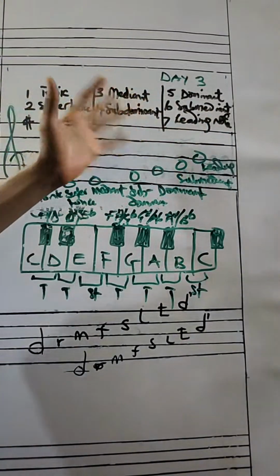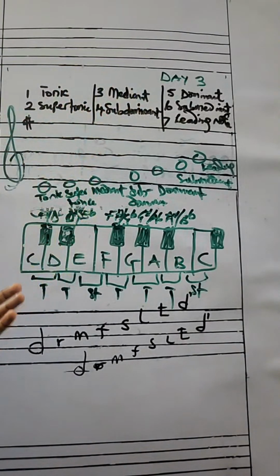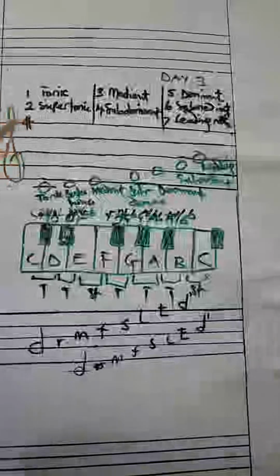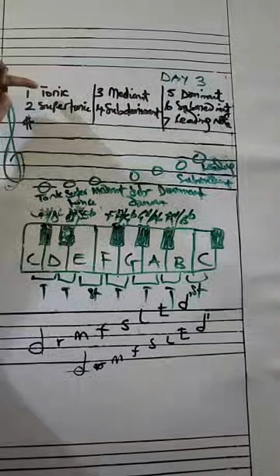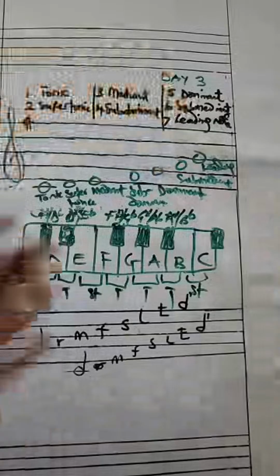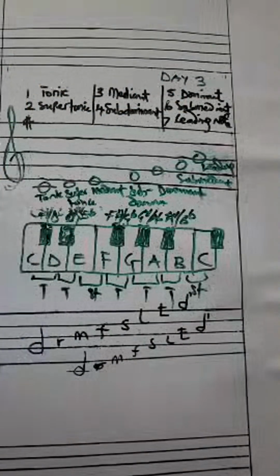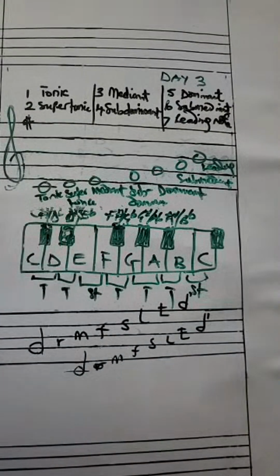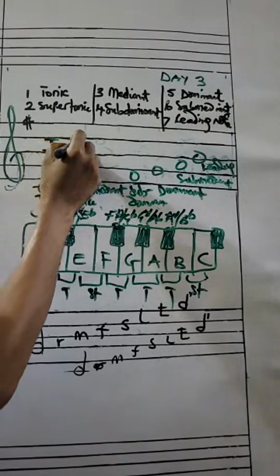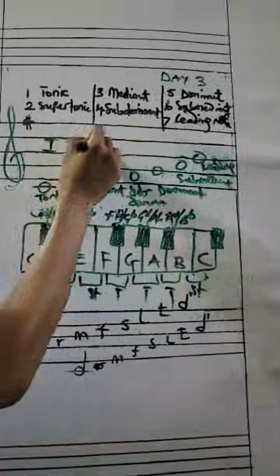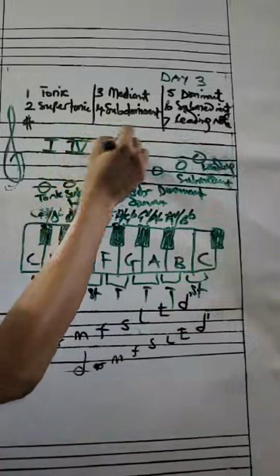Now, why am I bringing this now? Because it's very important for you to be able to know your key signature. First thing you do is your notes. Now, your dominant, a very important key. It dominates in that key signature. It dominates in music. There are four primary chords in music: your chord 1, your chord 4, and your chord 5.